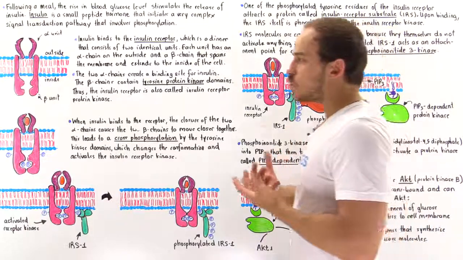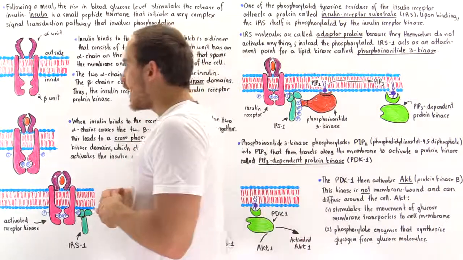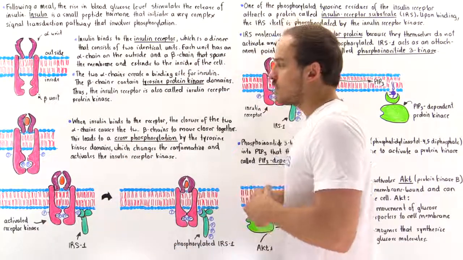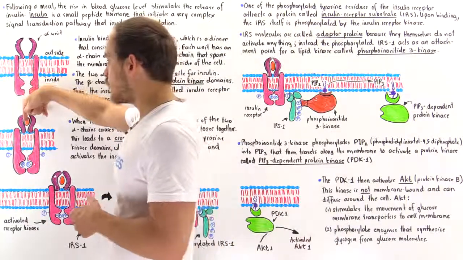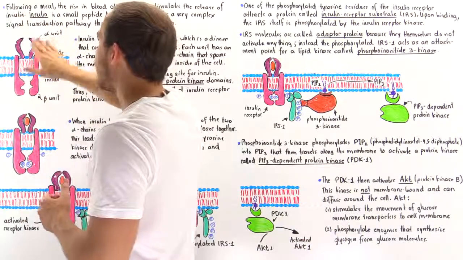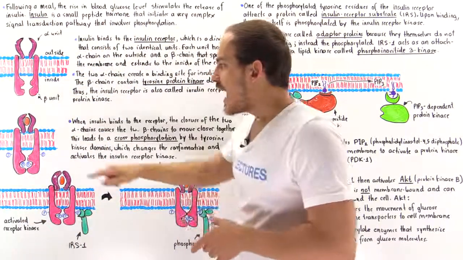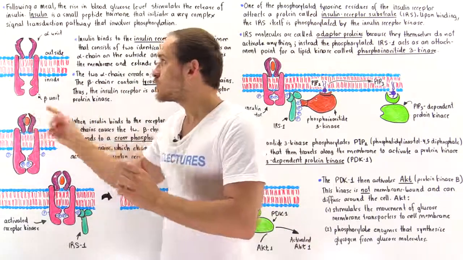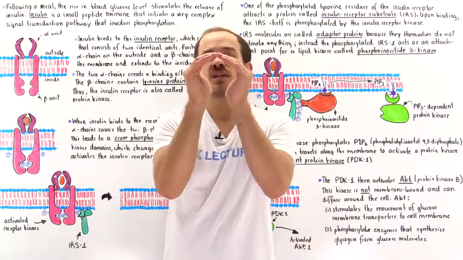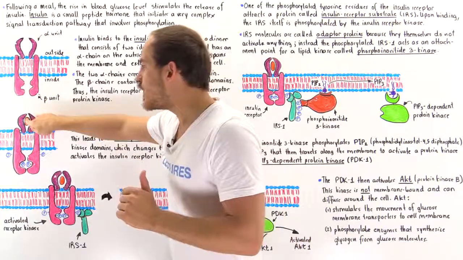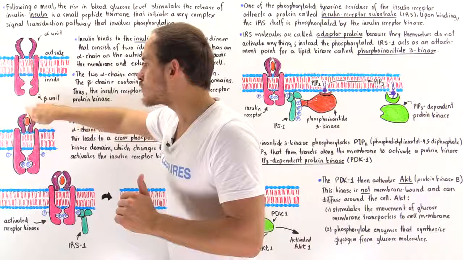Now, what happens when the insulin binds? Insulin is the primary messenger of this particular pathway. The insulin, shown in orange, binds into this cavity that is created by these two alpha units. Once the insulin moves in, the alpha units close in, and as they close in, they seal off this region so that the insulin cannot detach.